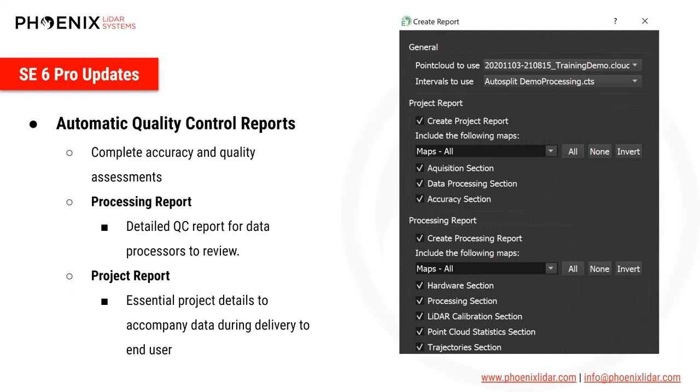It skips most of those quality control details that don't really matter after the data set has been finalized. The project report is what might accompany a data set as it moves between parties, and makes its way to being utilized by that end user.